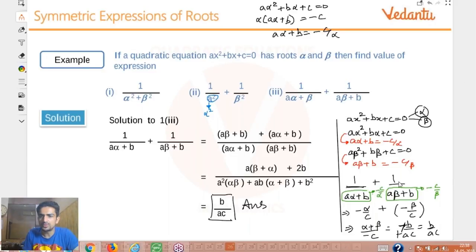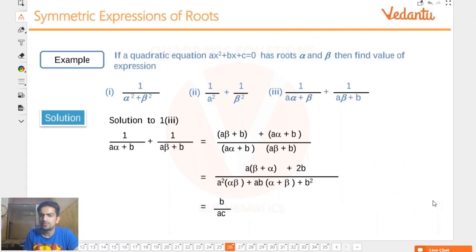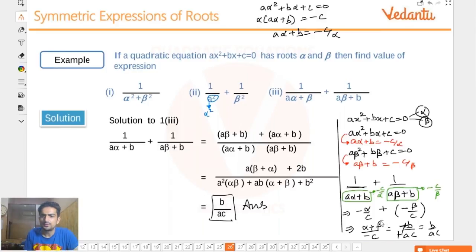Clearly alpha goes in the numerator and this beta also goes in the numerator. So now we just add them. Here I used alpha plus beta is minus B by A and hence I got my answer. That's all. Now let me give you one very good question on this concept.